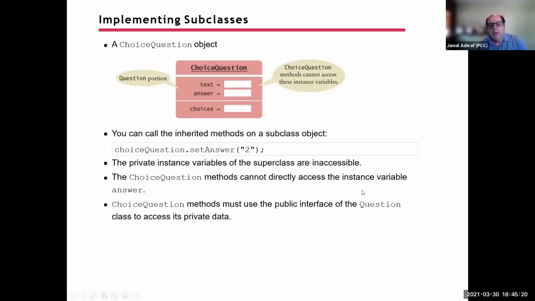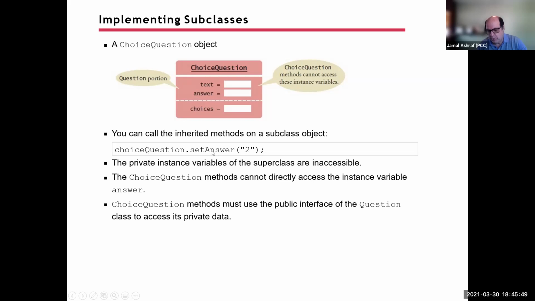Now, because we know we have a set answer in the super that is accepting a string, remember, the set answer in the super is going to accept the string. So if I take the numbers that I have for my multiple choice and change them to a string, I can use the same method that's available to me in the super.